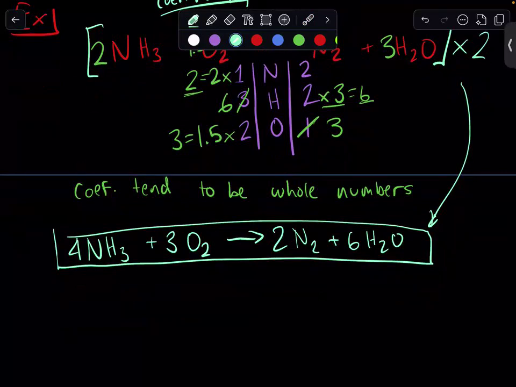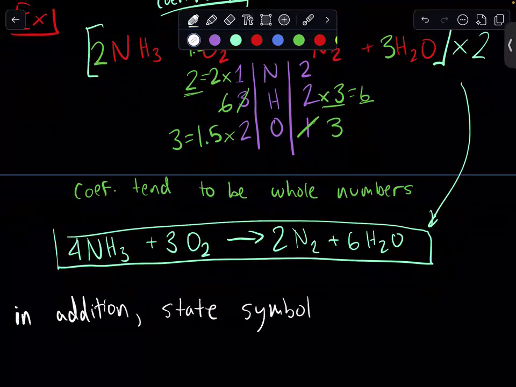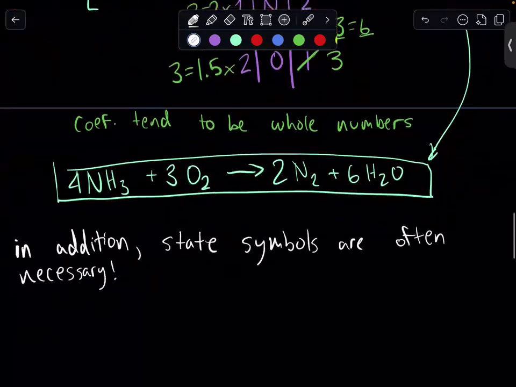So in addition, let's go back to the white marker. In addition, state symbols are often necessary. So we learned about these earlier.